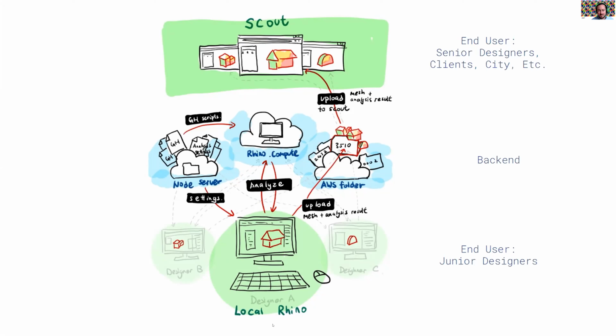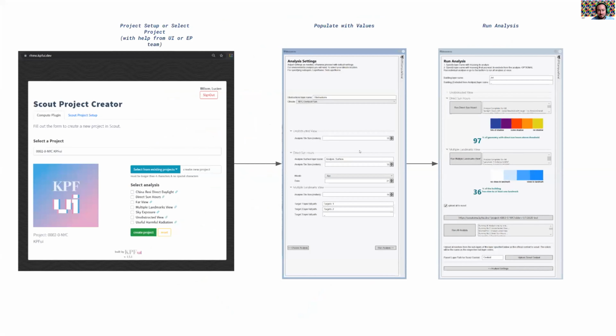The first one is a local Rhino where anyone designing can be modeling and getting analysis results, and there can be multiple designers on the same project. Then they can send the models and analysis they like up to AWS, which populates our 3D web viewer Scout, which is the other end user interface where the senior designer can just refresh the browser, see new designs come in, and we can present to clients. And really with this backend, we can connect to whatever interfaces we want.